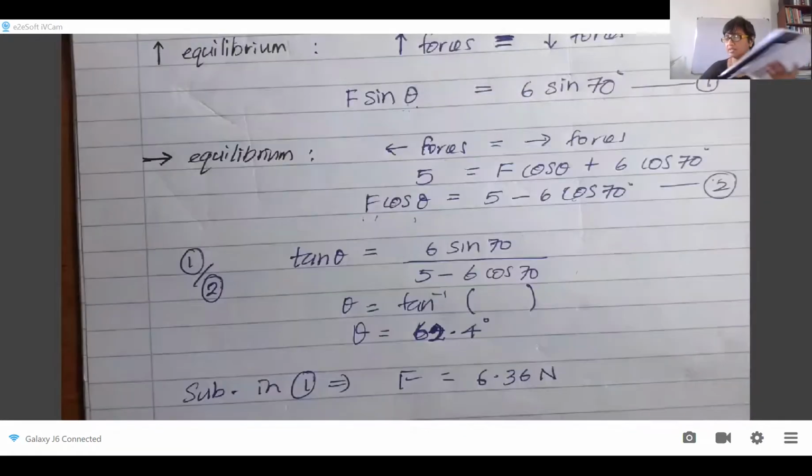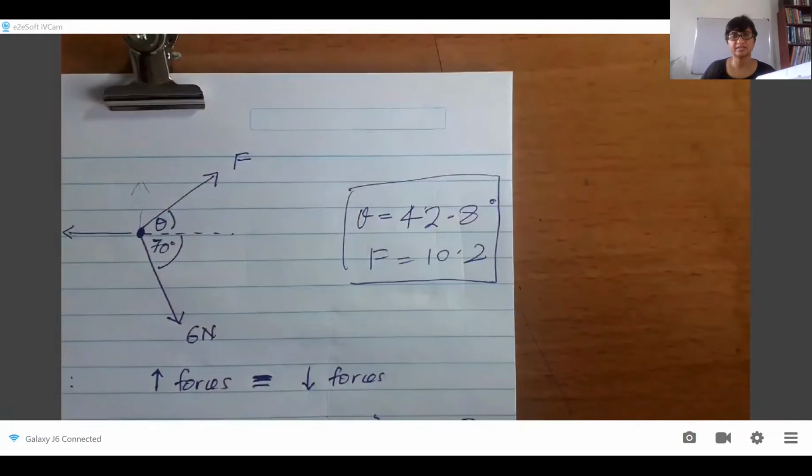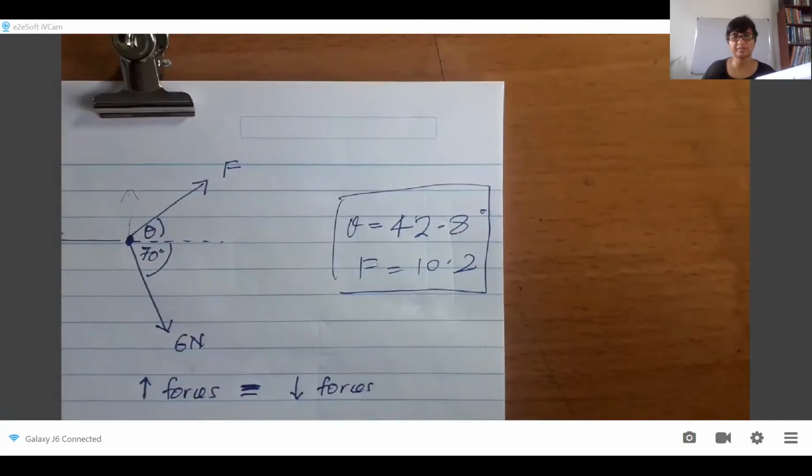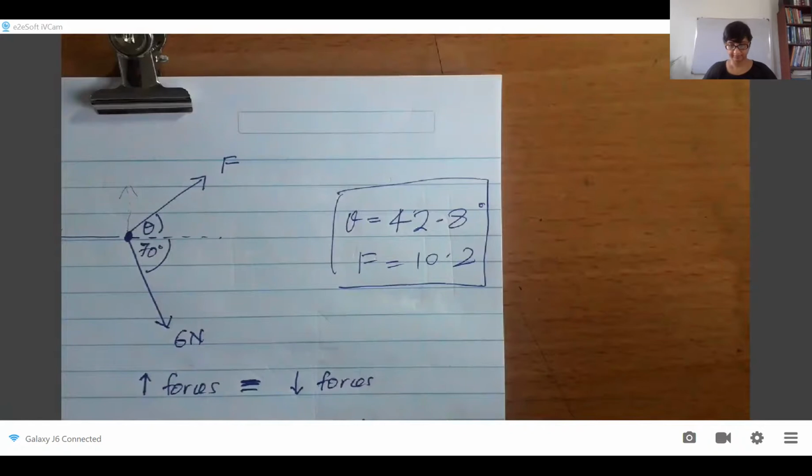So I'll remove the book. These are your answers right here. Theta is 42.8 and F is 10.2.